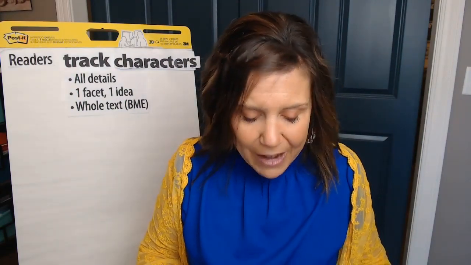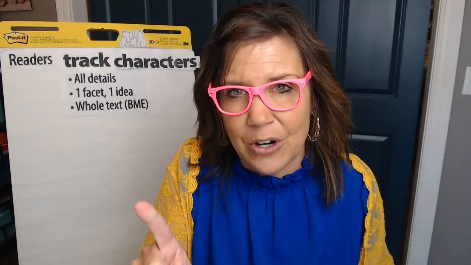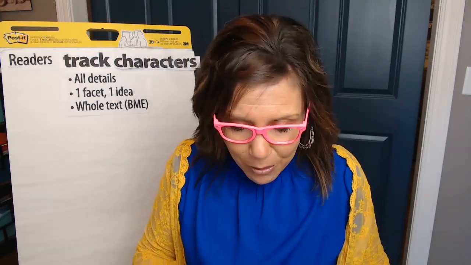So now today, if we were going to zoom in to just one character, we could do Pete, right? Pete the cat. He could be our character. Now, if we were going to zoom in to him, we can collect different types of details, okay?